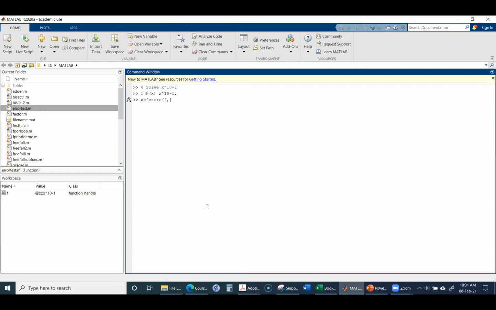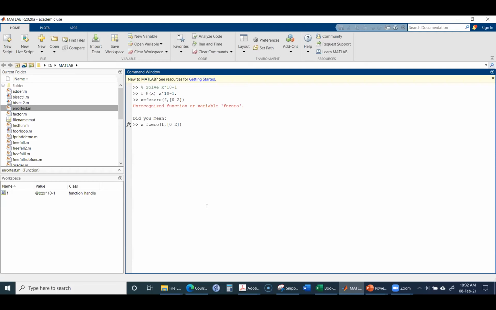For example, if I want to search the solution between the values 0 and 2, I can put 0 to 2. So 0 to 2 is the range, and this function will only find the solution for values of x between 0 and 2. Now I can click enter.